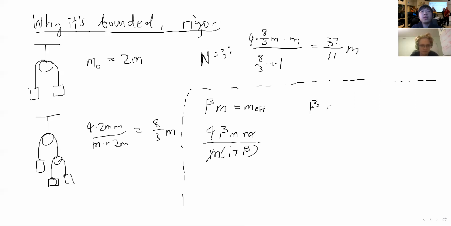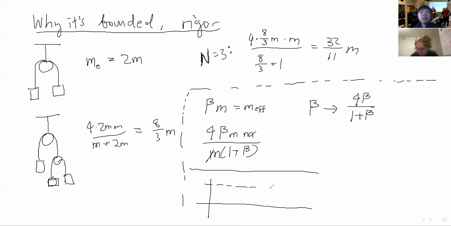And then from beta, in the next iteration when you add 1 to n, you get 4 beta over 1 plus beta, right? So then, do you guys know the least upper bound theorem, where if a sequence is upper bounded by a number m, and it's monotonically increasing, then it has to tend towards that number, right? Do you guys agree with that?